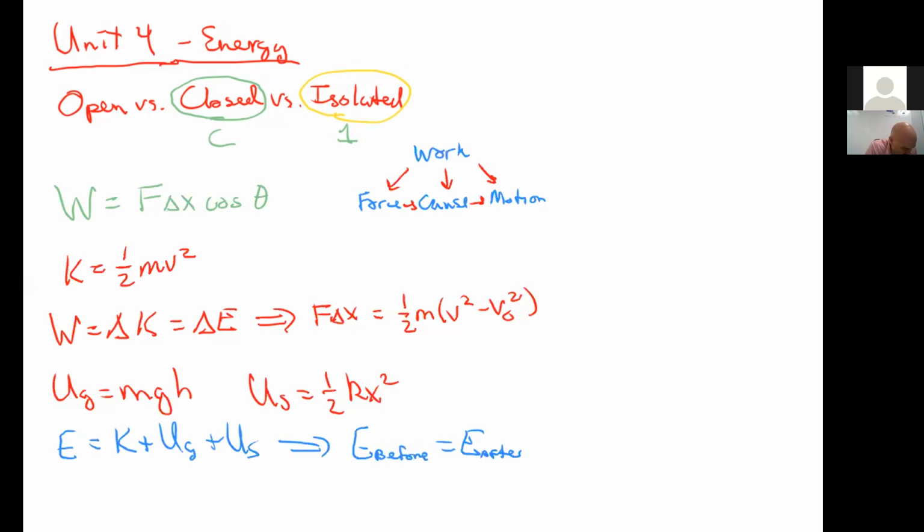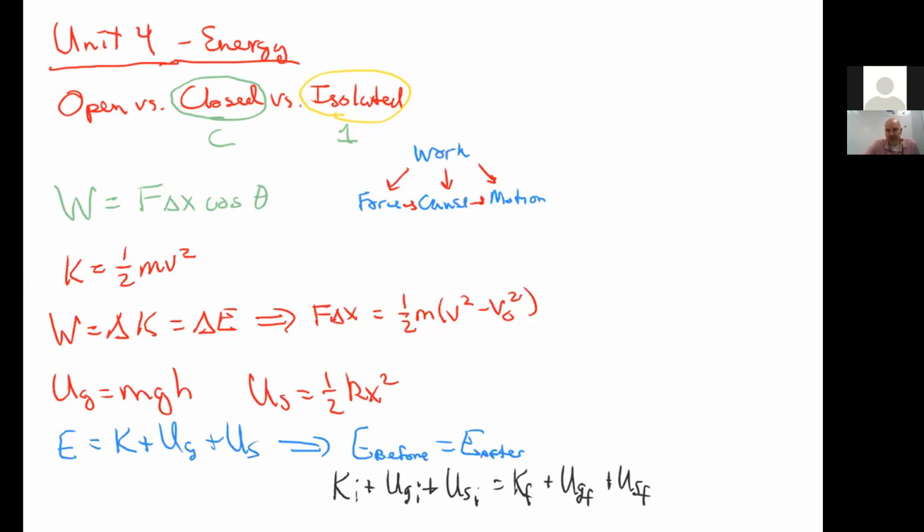All right, and so that formula actually gets kind of ugly. K initial plus UG initial plus US initial equals K final plus UG final plus US final. But remember, even though it's kind of ugly there, things get canceled out based on situations.